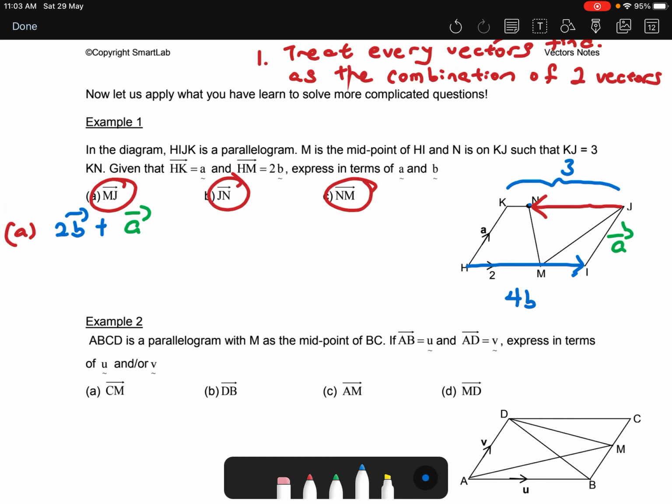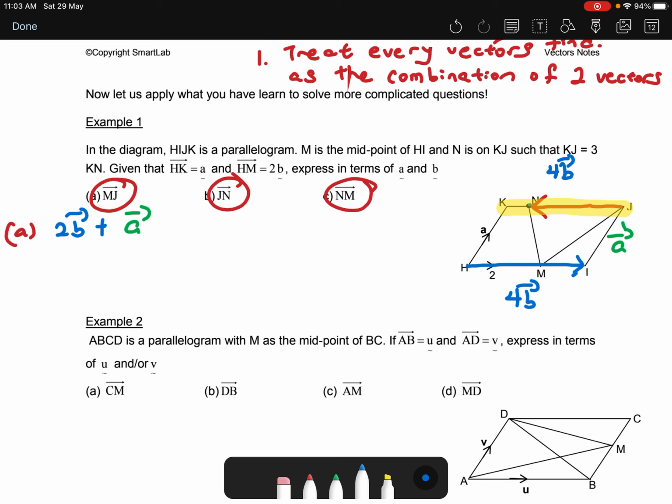Since KJ is also 4b because they are parallel, they are equal vectors, KJ is also 4b.